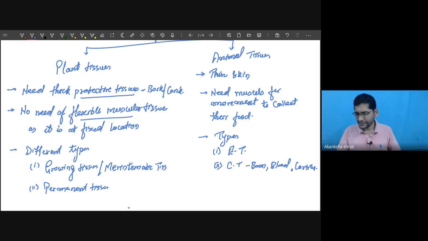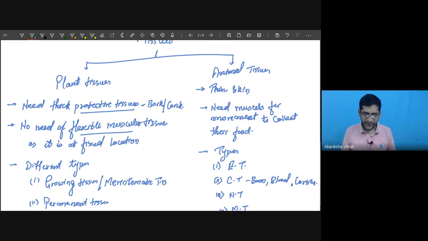Another one is nervous tissue. So these are the broader types of tissues that we need to learn. Another, for giving the flexibility, there is muscular tissue. So these are the four types of tissues that we have to learn.